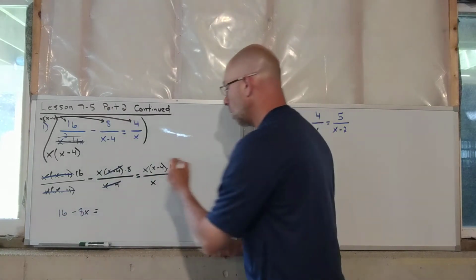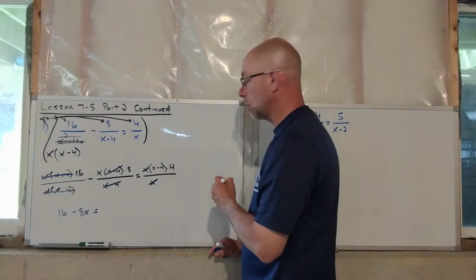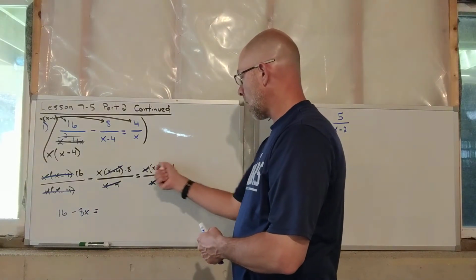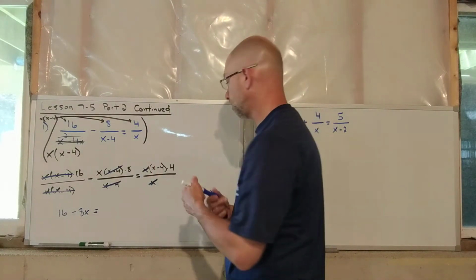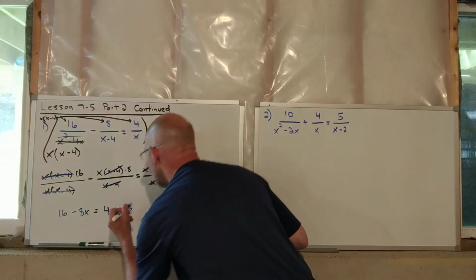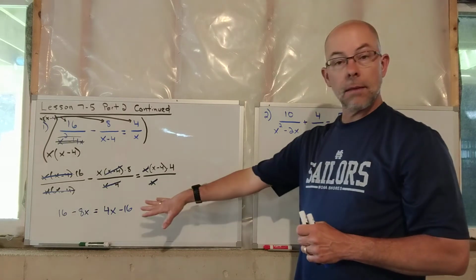And then over here, the x's only reduce out, and I need to distribute this to make it look good. That'll be 4x minus 16. That right there is not a bad equation.